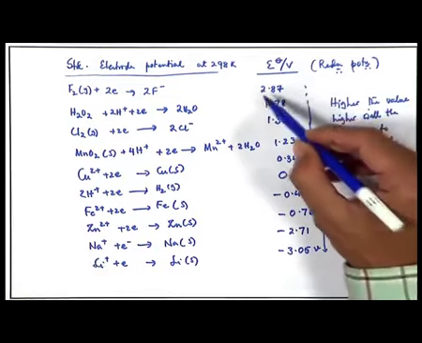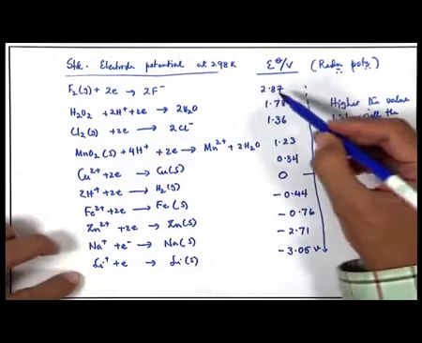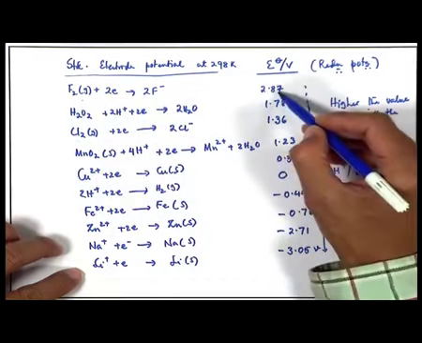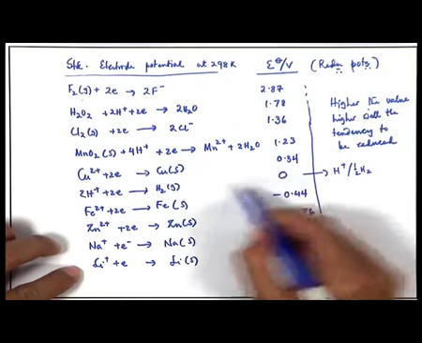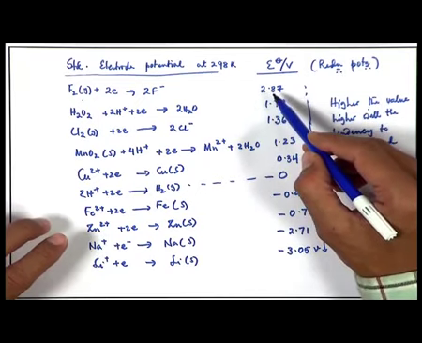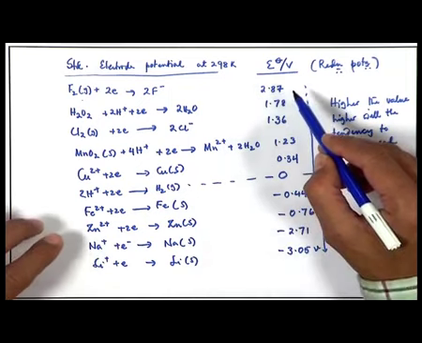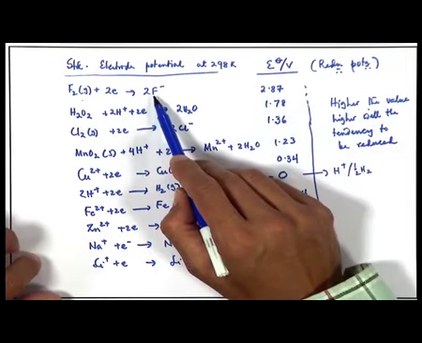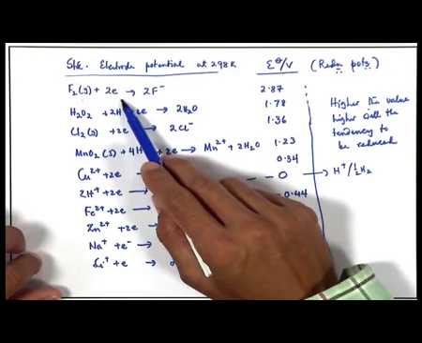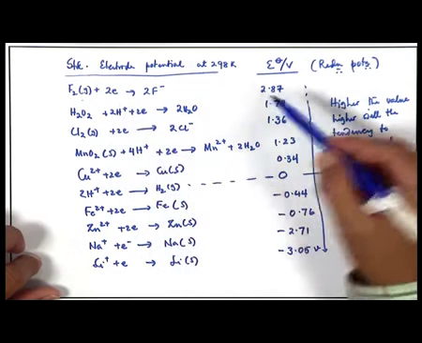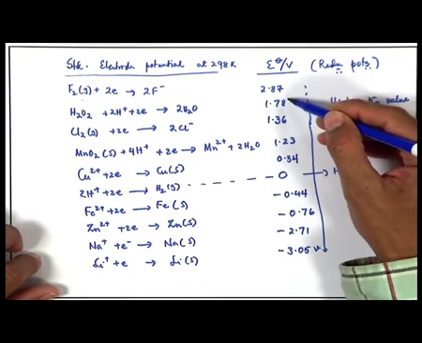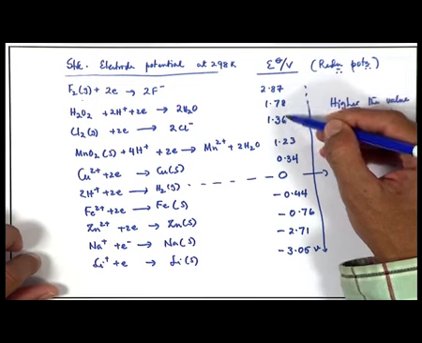You see that for fluorine gas, in the reduction scheme, fluorine to fluoride, it is plus 2.87. So, that means it is a positive value, and the system will have a much higher tendency to remain as fluoride. So, it is a very strong oxidizing agent and a very weak reducing agent. As you move towards hydrogen, you see that these values are reducing.